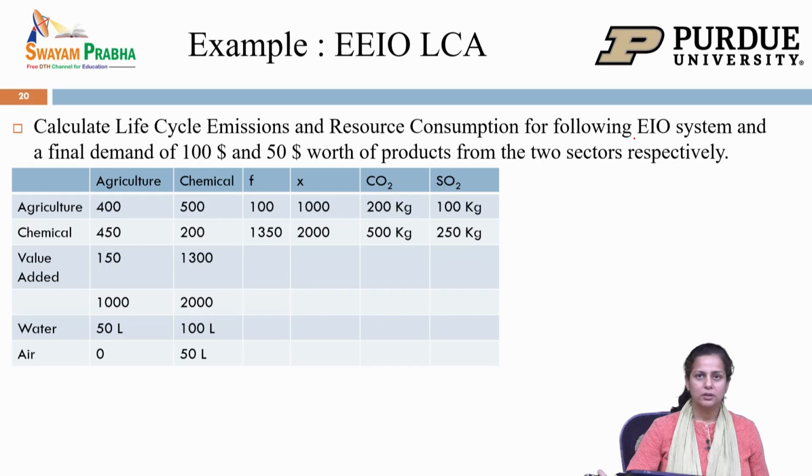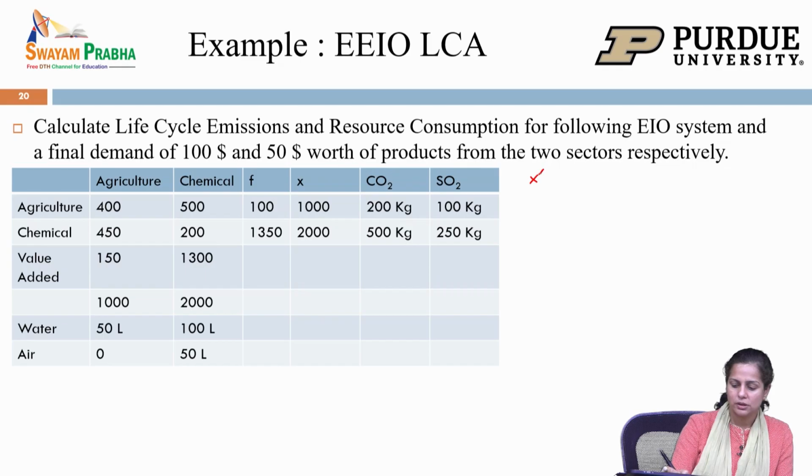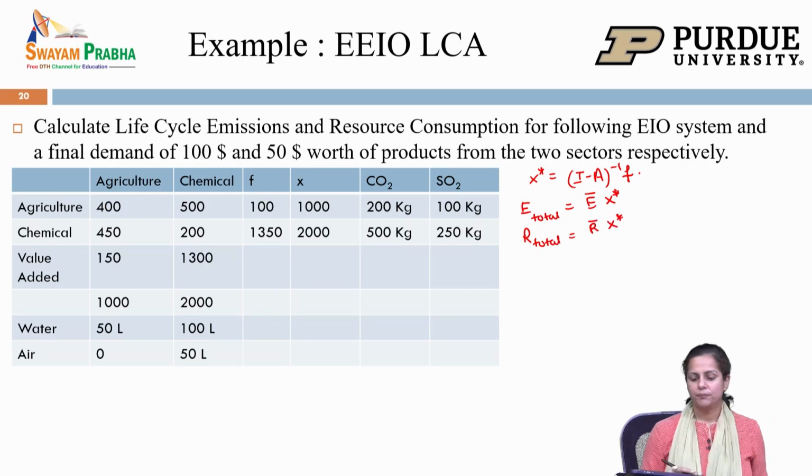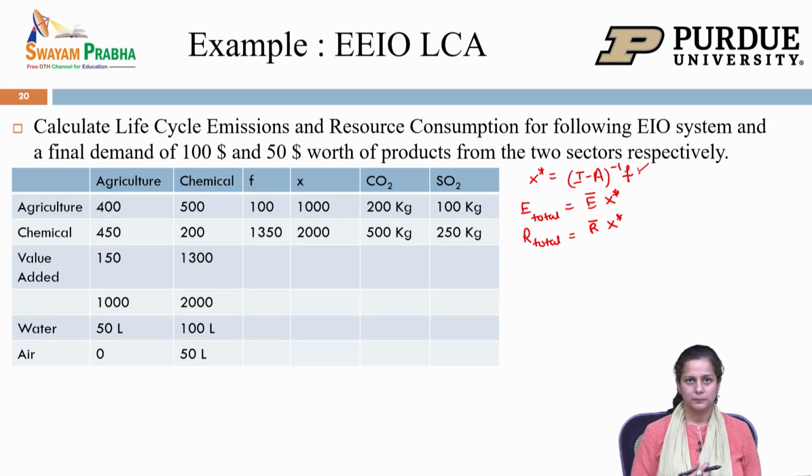To calculate the total life cycle emission, we will use the Leontief model to calculate x star first, which is (I minus A) inverse times F, and then E total is E bar times x star, and R total is R bar times x star. We have already done the x star calculation for the same final demand, so all you need to do is multiply your matrices E bar and R bar with x star.